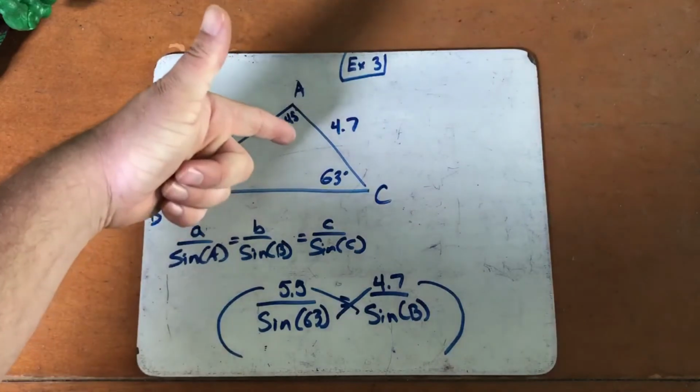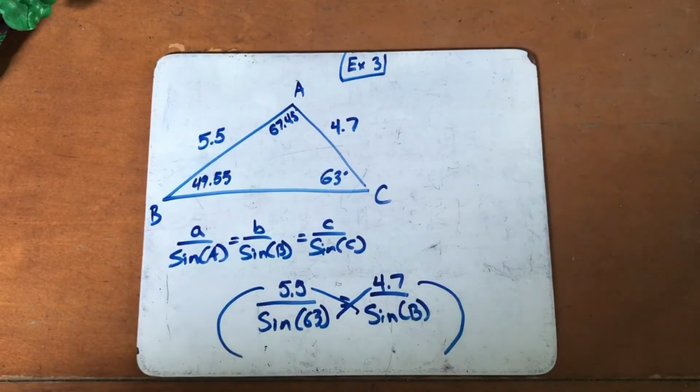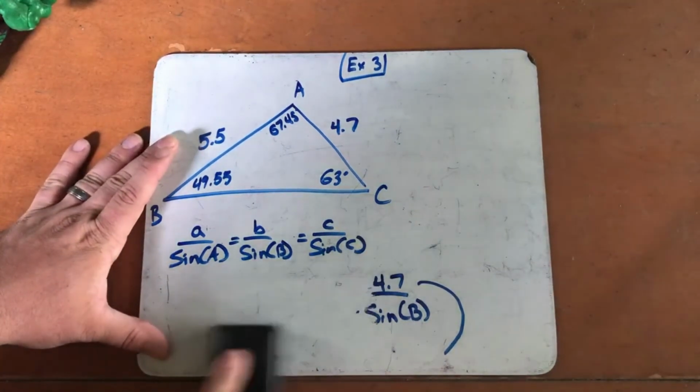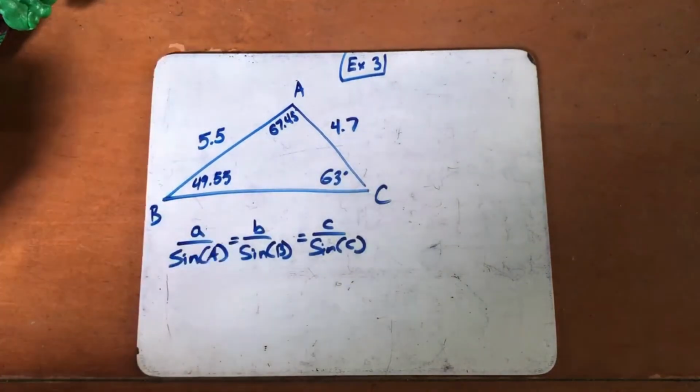Now, notice since I can find my third angle, I don't have to do the last example the same way I did the one before. So now I know my third angle, so I no longer have to find it.